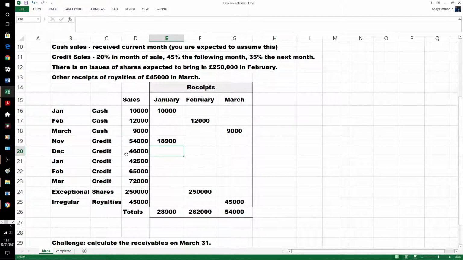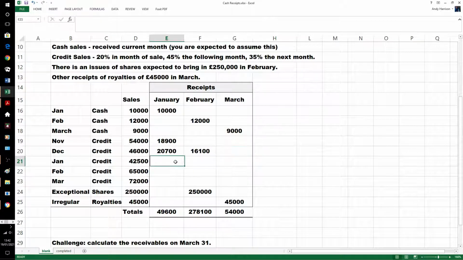So December's 20% was in December, not interested in that, but we're interested in the 45%, that will be January, and 35% in February. And not in March because it's all received.